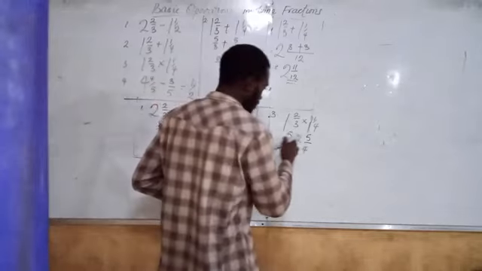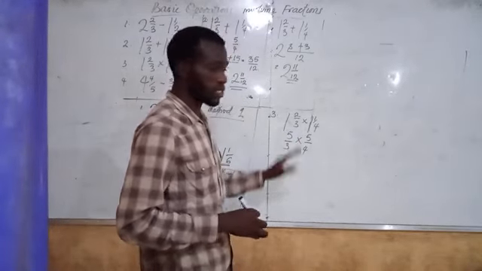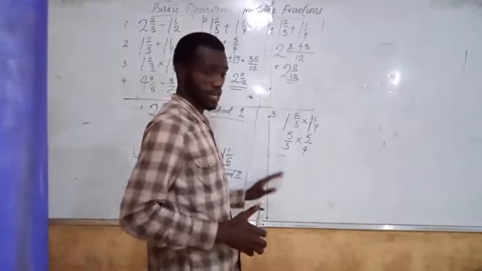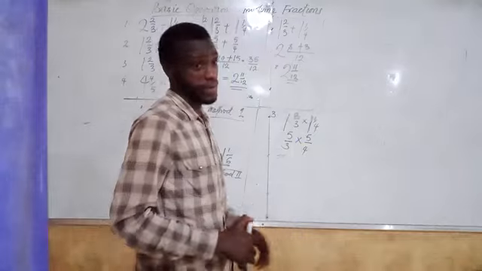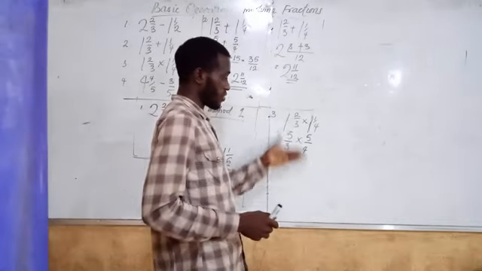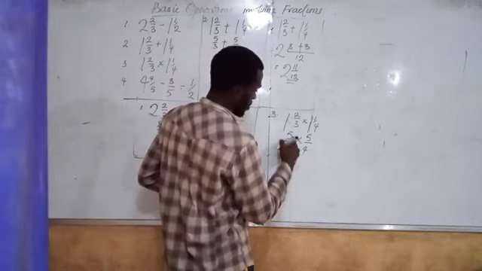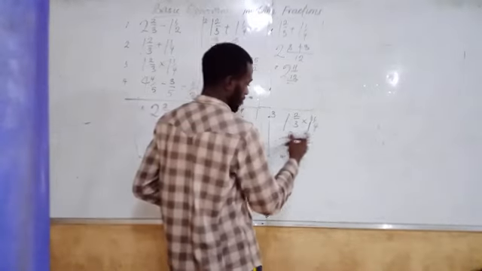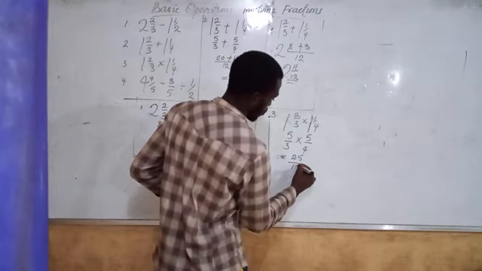So you have 5 by 5 here. Now, if we decide to cut here, you discover that there is nothing that can cut it. This is a prime number, this is a prime number, this is a prime number, this is the only number that is not prime here. So in essence, since none of these can go into the other, we just multiply directly. So we have 5 by 5, we have 25 over this by this, we have 12.